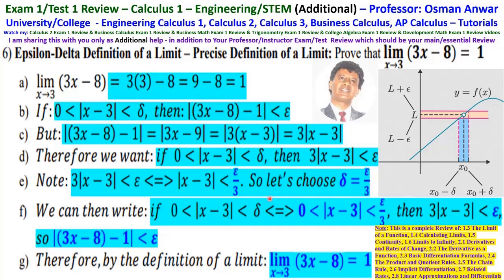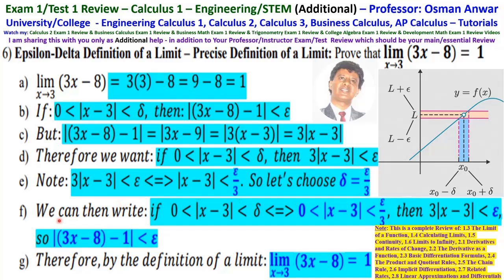So then we can write, if the absolute value of x minus 3 is between 0 and delta, which means the absolute value of x minus 3 is between 0 and epsilon over 3, because that's what delta is, then 3 times the absolute value of x minus 3 is less than epsilon, if you multiply this by 3.